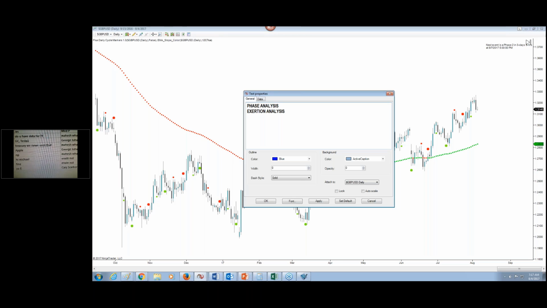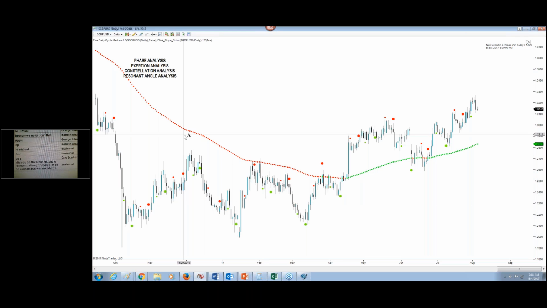Number three, we're going to do a constellation analysis. And then we're going to do a resonant angle analysis. We're going to do all four of those things here today.